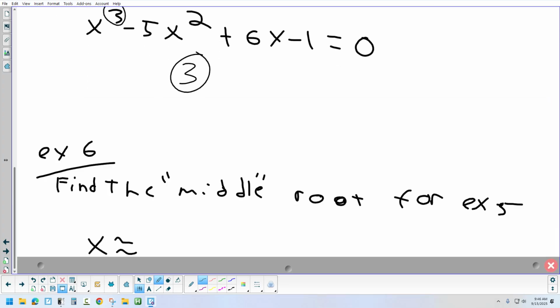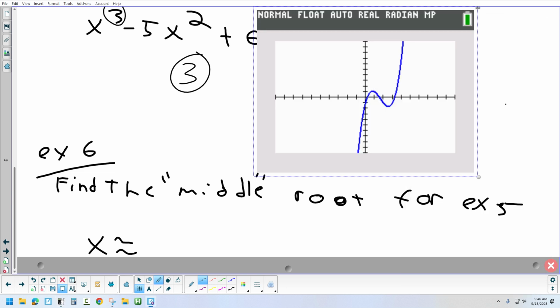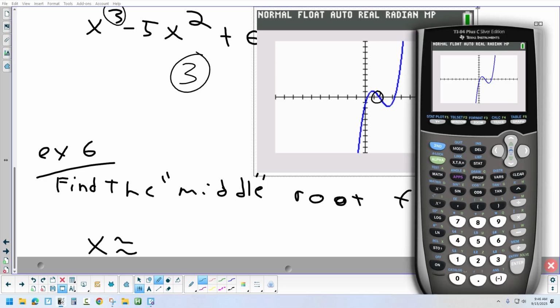And now it says to find the middle root. The middle just means visually find the one that's in the middle. So they want the root that's right there. All right, so let's see if we can do that. Marcelo, can you remind me how I get that root again? Second trace. Yep. And then 2. Perfect.